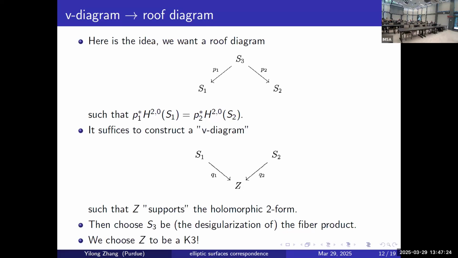What we think about is what we call a V diagram. So it looks like a V. You can map to something in common, and this guy has some holomorphic 2-form. And then you can put that here, and on the fiber product, they should agree. So in other words, if you can find what we call a V diagram, then you actually have the roof diagram.